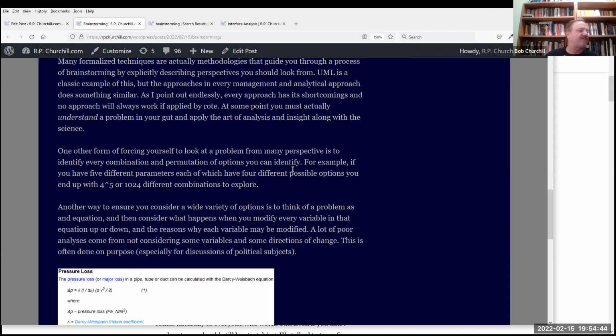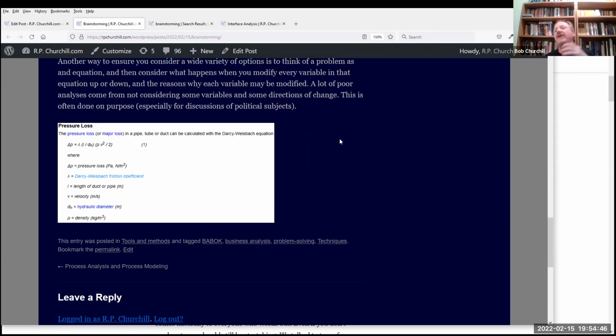And finally, if you think of a process as an equation, and here's an equation for pressure loss and flow through a pipe. Now, a lot of business problems aren't going to have something like this, but I'm a mechanical engineer, so I think of stuff like this. If you look at every driving variable that's a part of what goes into achieving a certain result, every one of those values can go up or down.